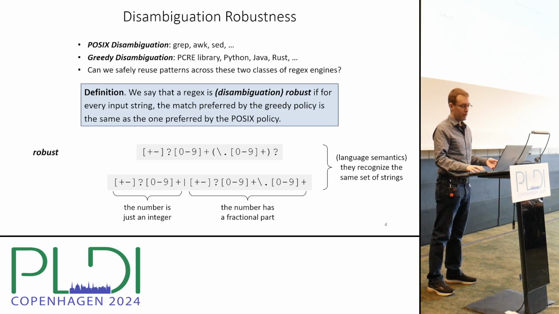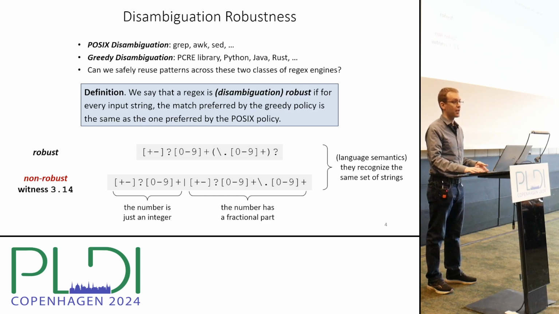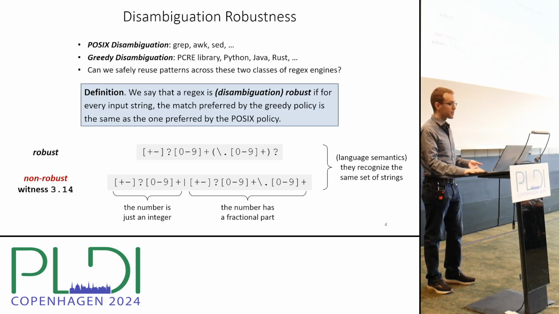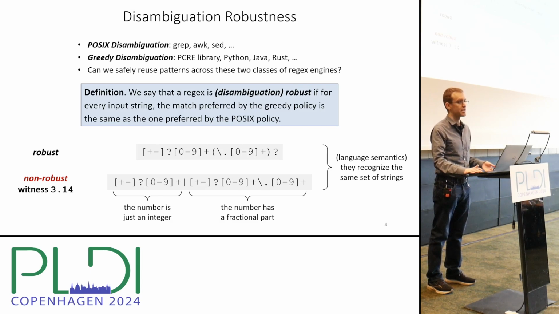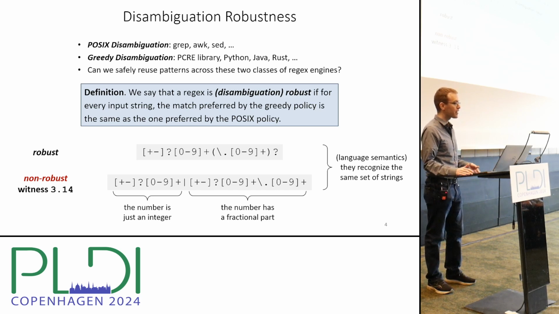However, the first one is robust, but the second one is not. In fact, the string 3.14 witnesses this non-robustness because the POSIX policy would match the entire string, but the greedy policy would only match the prefix of the digit 3.